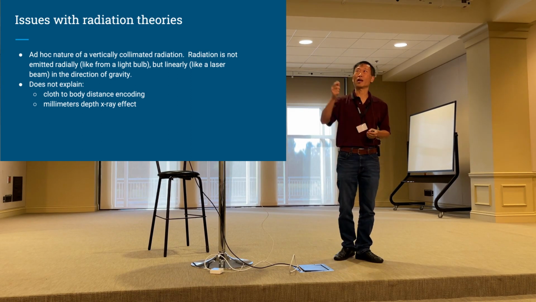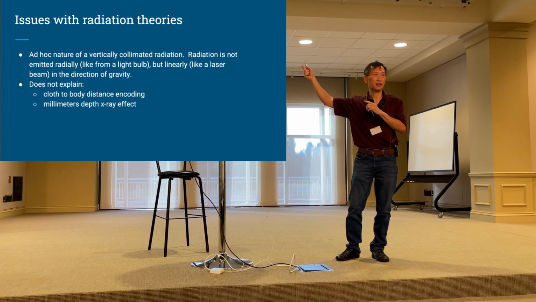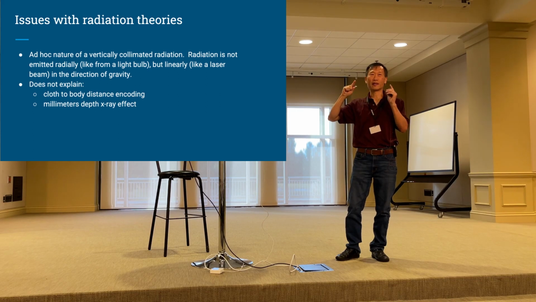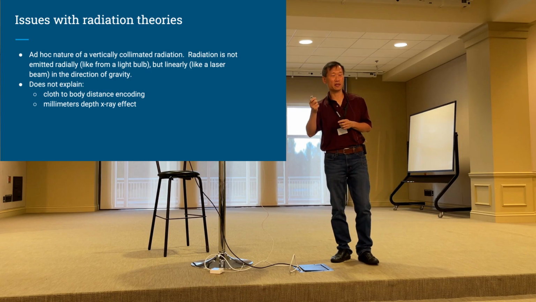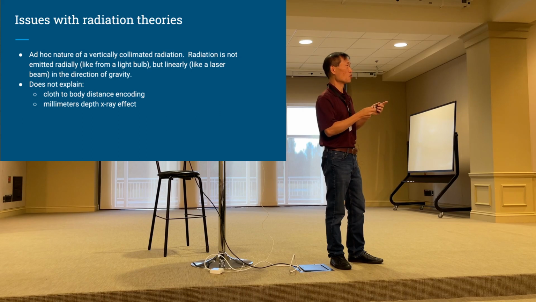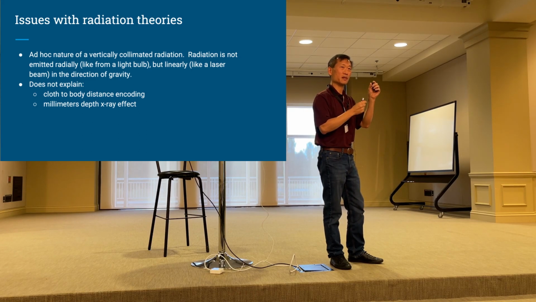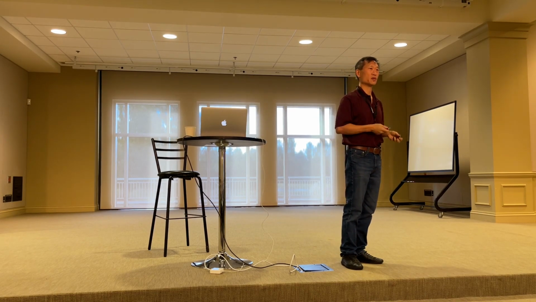So if you have a light that's being emitted, whether this laser light or that light itself, you cannot, just by looking at the light, determine the distance. So you at least need 2 light sources to triangulate that. But from one single laser, there's no way to really tell the distance. It also does not explain why only the top surface of the teeth is encoded on it instead of the entire head that's encoded in X-ray.